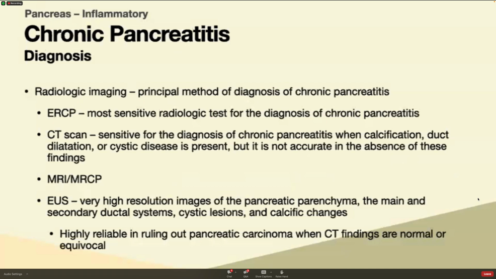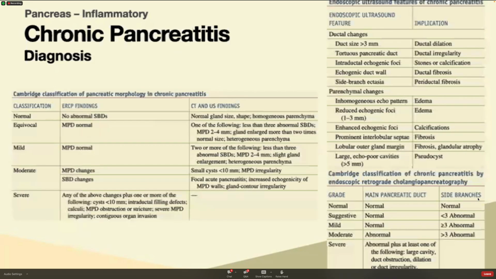For the diagnosis of chronic pancreatitis, the most sensitive radiologic test is ERCP, and it is diagnosed by assessing the main pancreatic duct and the side branches for presence of abnormalities. Other imaging modalities that can be used include EUS, CT scan, and MRI.